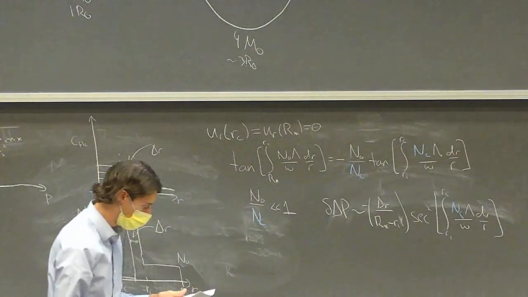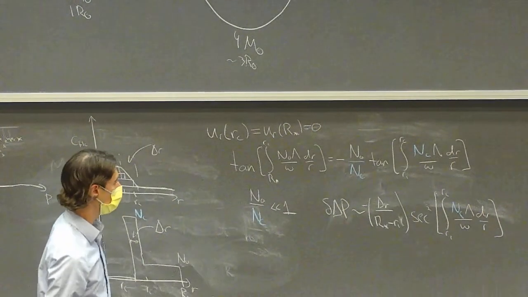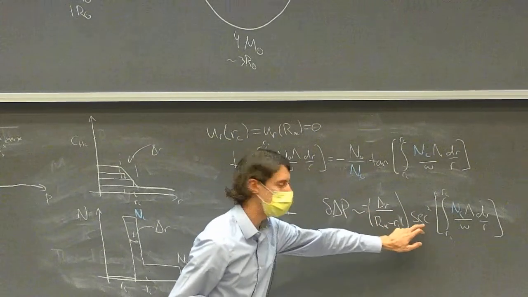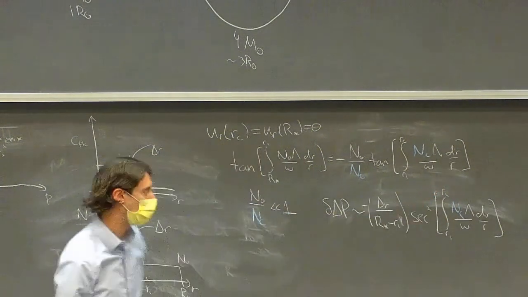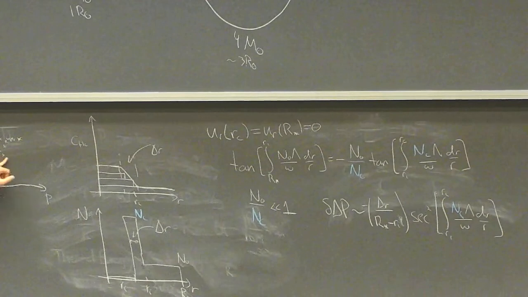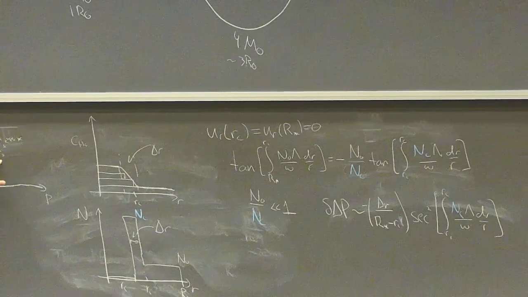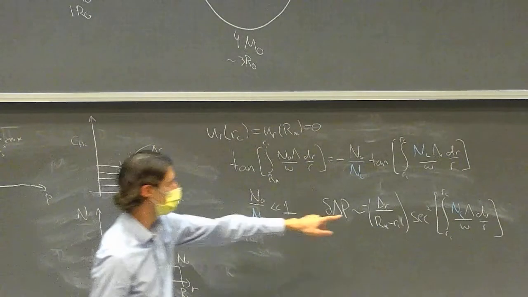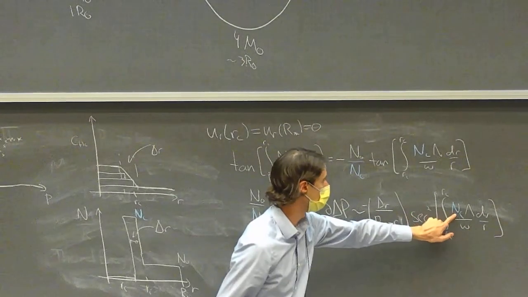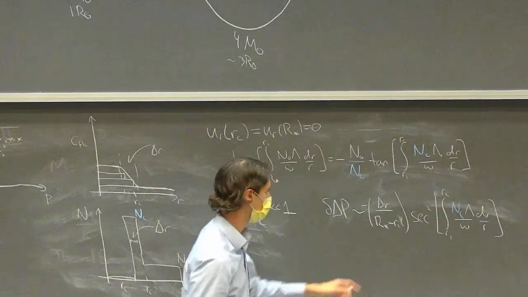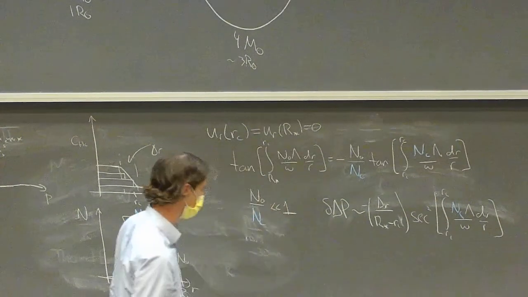Okay, so what does this mean? Well, you have this minus secant squared. Secant squared is of course positive. That's exactly what these dips are. And the period spacing between those dips is related to the value of the convective, or compositional, buoyancy frequency.